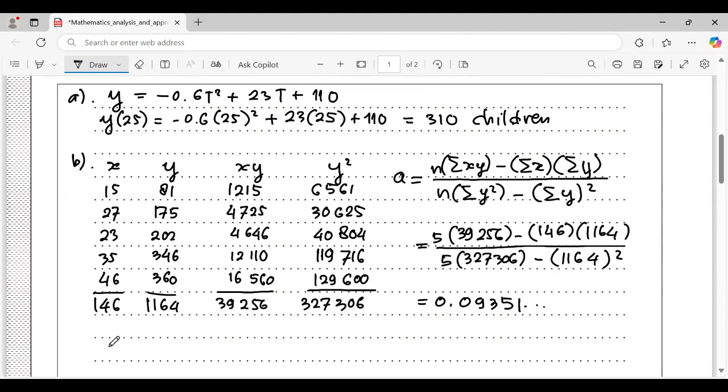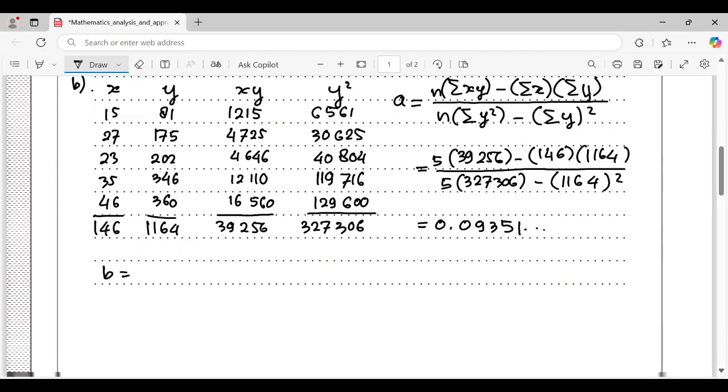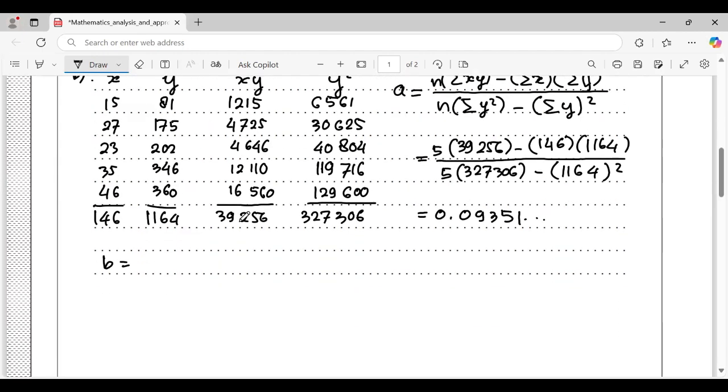And this is A, next B. B is sigma x minus A times sigma y, over n. Sigma x is 146.